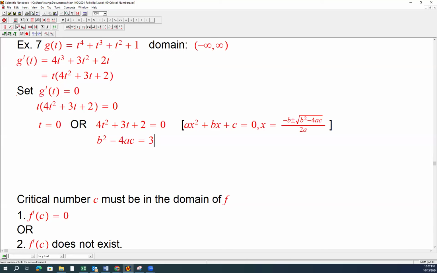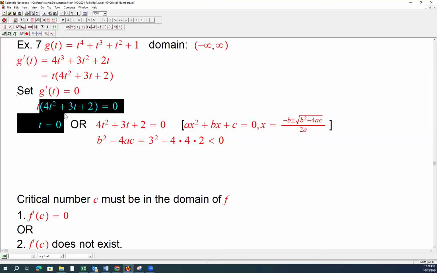So 3 squared minus 4 times a, which is 4, times c, which is 2. What happens here is we're going to get a negative number. If the discriminant is a negative number, that tells us there's no real number solution here.